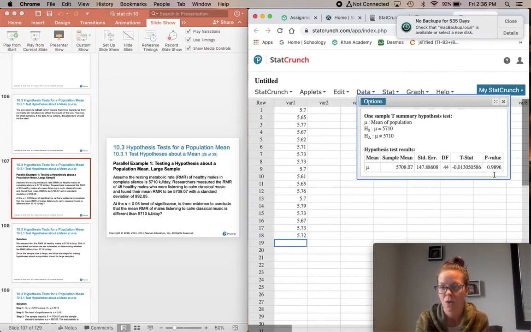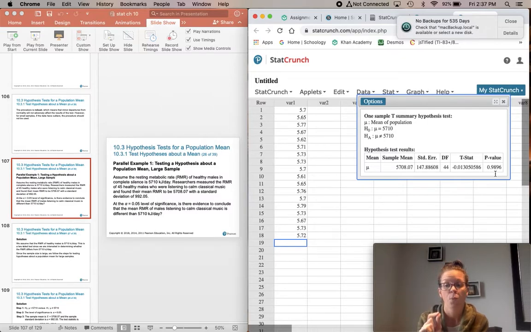Our p-value is huge. So remember, the p-value is kind of like a probability that the null hypothesis is true. There's like a 99% chance. So I'm going to say the null hypothesis is still true, right? So we are not going to reject it.